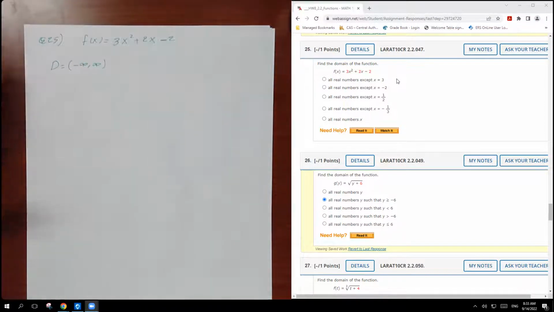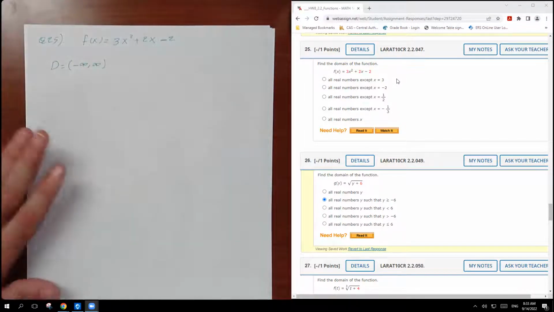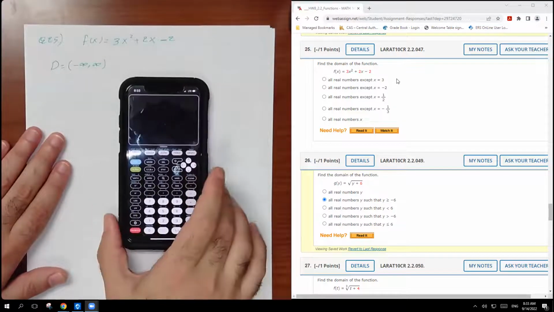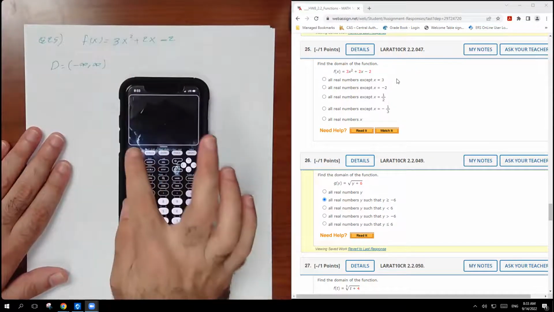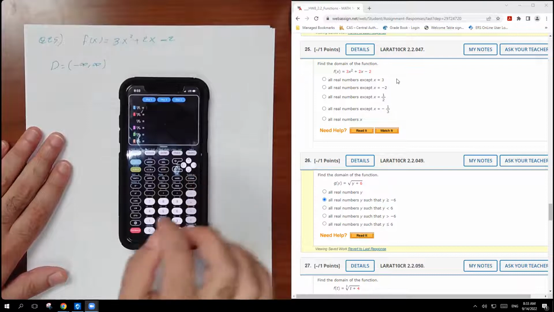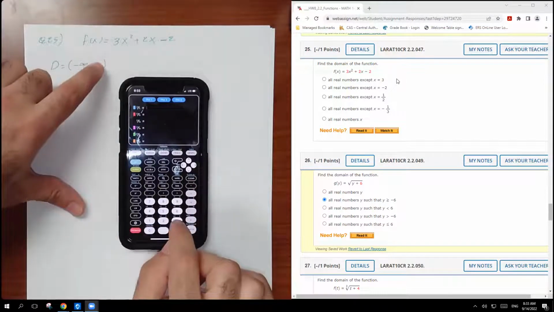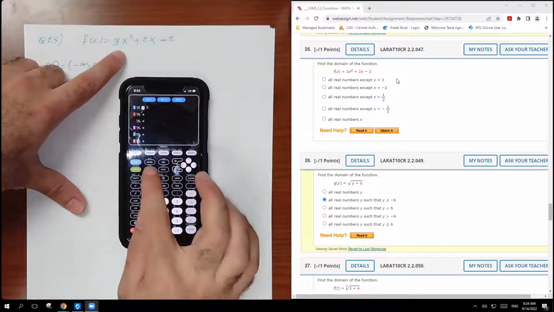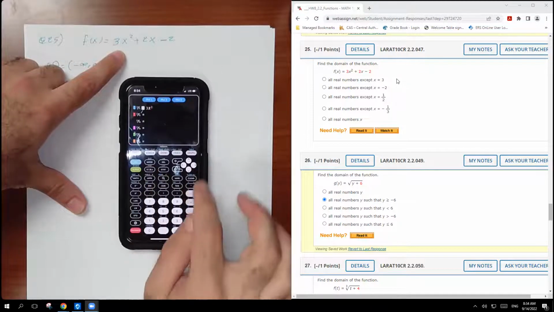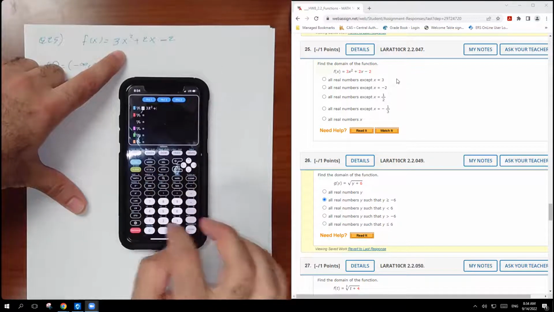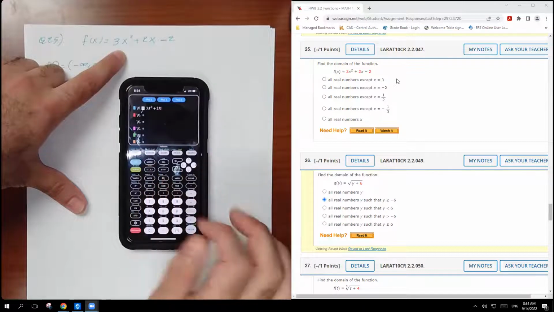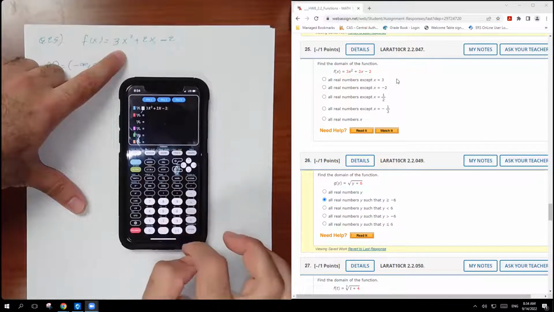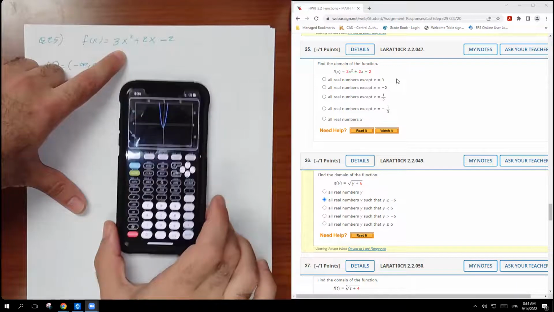Let's check that. If you graph this function, let's graph it. Y equal, I'm just going to clear this one, 3x squared plus 2x minus 2. Graph, check this function.